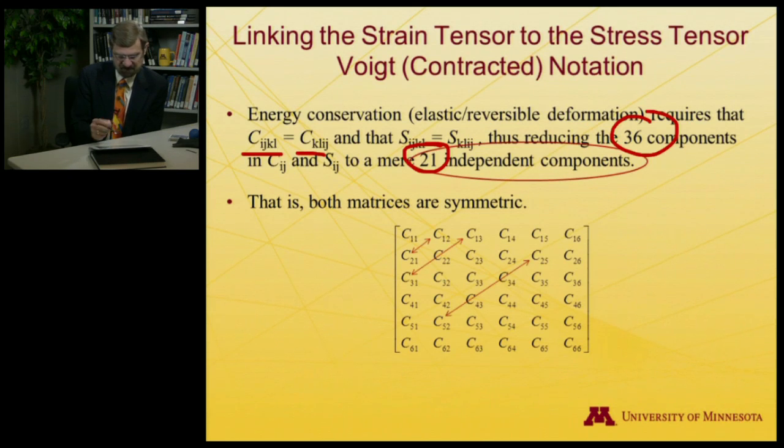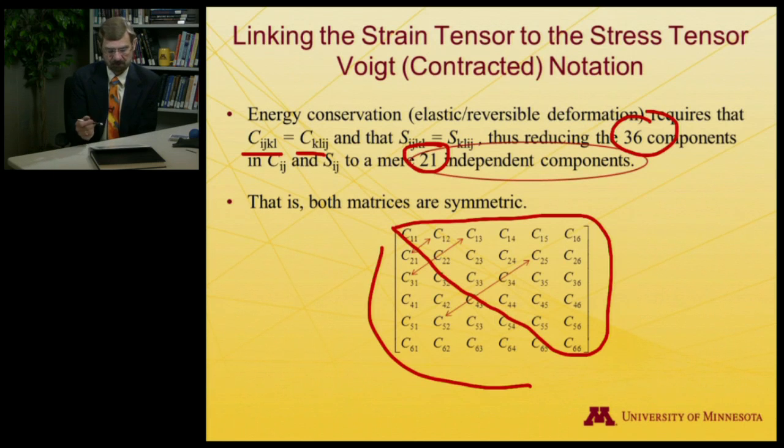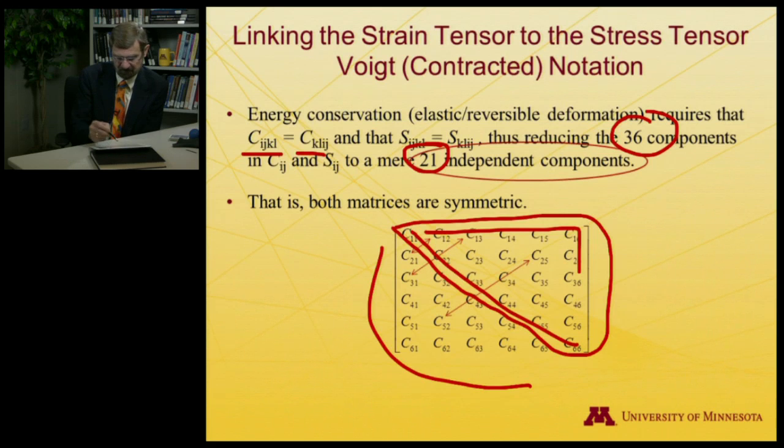And so I've shown arrows to show connections between the symmetric terms. The only 21 terms I have to worry about are those that lie inside of this triangular shaped region, and the ones that lie below, down in this lower part, are simply repetitive. So I have 21 going down the diagonal, coming up, including the terms that sit inside that box.